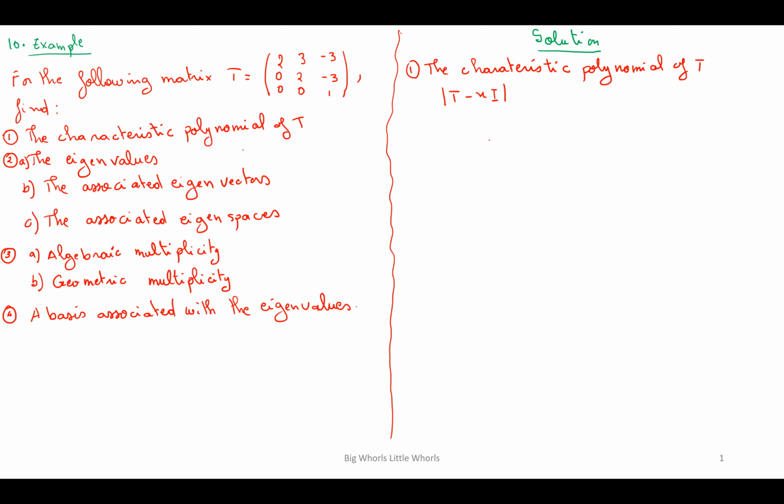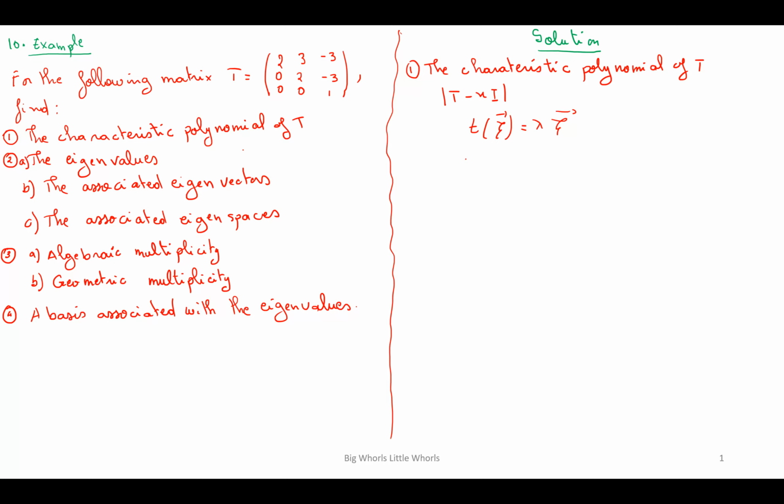Okay, if you recall, we say that a transformation T has a scalar eigenvalue lambda if there is a non-zero vector zeta such that the transformation T zeta is equal to lambda zeta. This is the transformation definition.